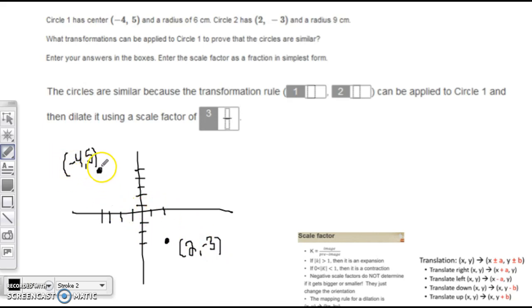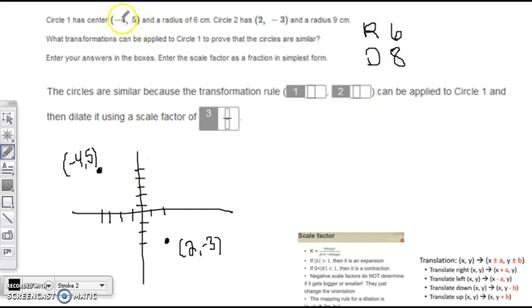You could count on the graph. You could say, okay, I'm moving it to the right 1, 2, 3, 4, 5, 6 spaces. So I know that this is going right 6. And then you could count down. We're going down 5, 6, 7, 8.